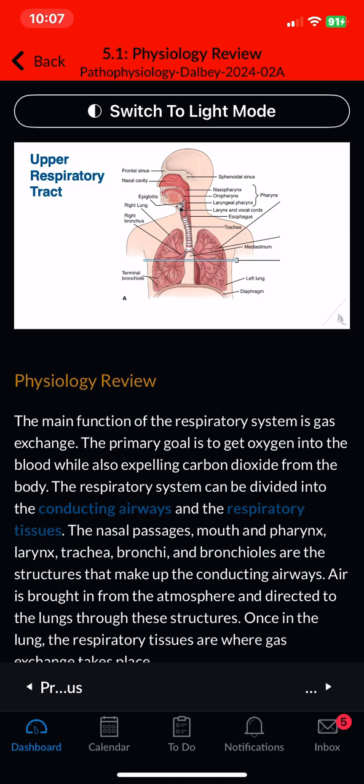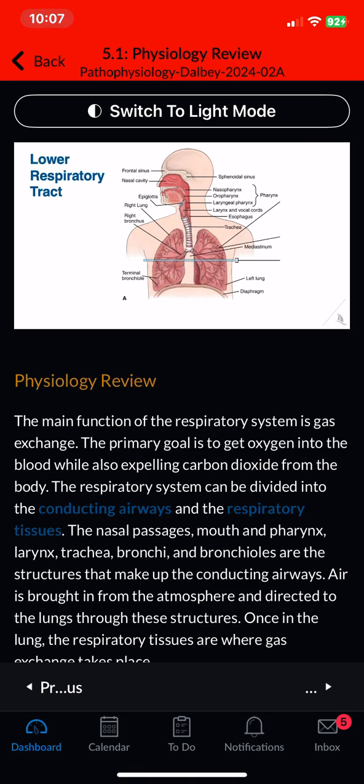Those structures work to warm and humidify the air, and that actually helps the lungs to expand and inflate. There are hairs in the nasal cavity that can help to filter out particulate matter and trap foreign particles from coming down into the lower respiratory tract and into the lungs.